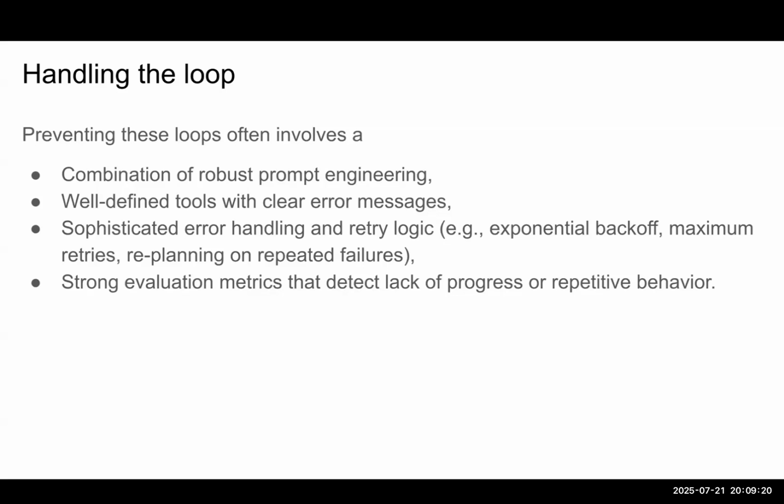Obviously, we need to make sure all the tools and the agents calling the tools have proper expectations, proper communication, and proper formatting, and have retry mechanisms, things like exponential backoff, maximum retries, and replanning. These are all key concepts. During a failure situation, you need to handle it. This is a best practice like in any other software discipline, but at least we know it is applicable to the React pattern.